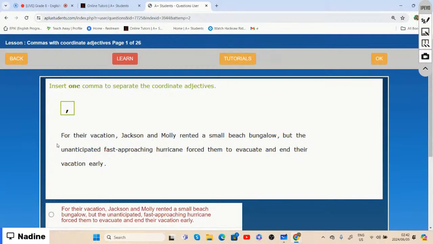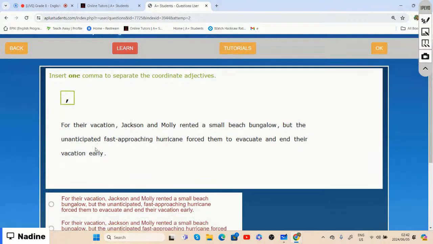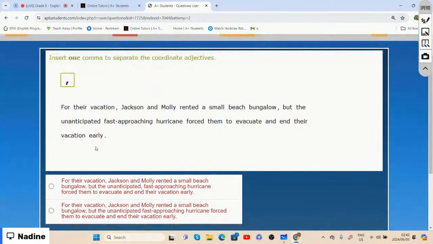And we need to insert the one comma to separate the coordinate adjective. Is it option one, which says for their vacation, Jackson and Molly rented a small beach bungalow, but the unanticipated, fast approaching hurricane forced them to evacuate and end their vacation early.